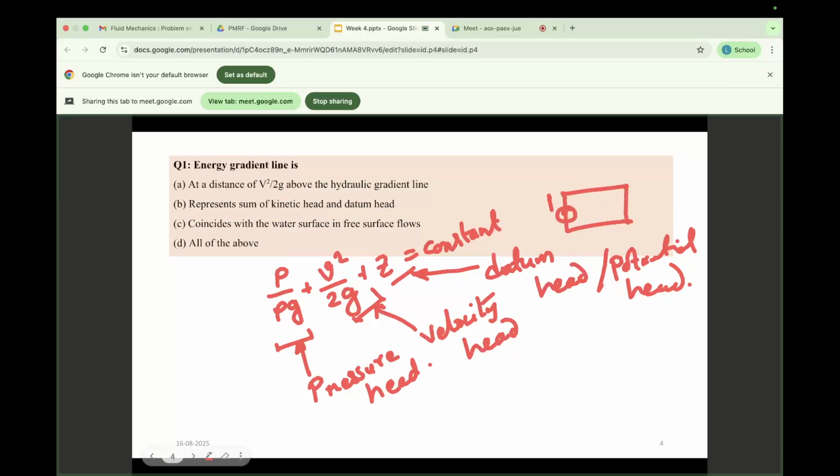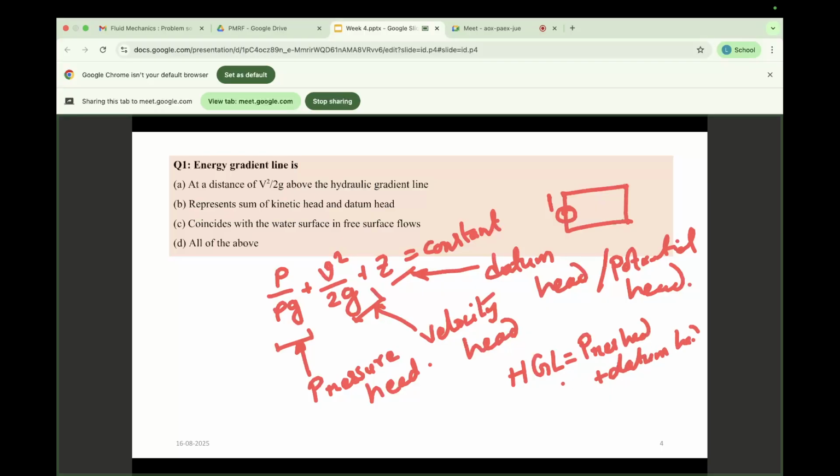Okay. So now, the hydraulic gradient line. There are mainly two types of gradient line. This is the hydraulic gradient line, HGL. HGL means this pressure head plus this datum head.